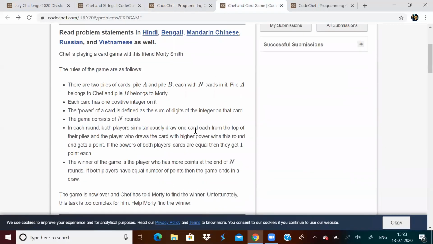Let's read the second question. Chef is playing a card game. The rule of the game is there are two piles A and B with n cards. Pile A belongs to Chef, B belongs to Morty. Each card has a positive integer. Power of a card is defined as the sum of digits of the integer on that card.